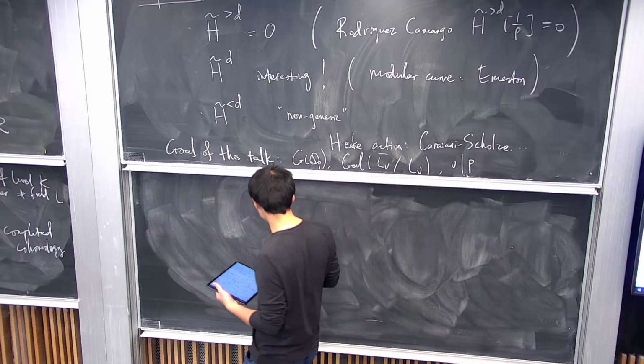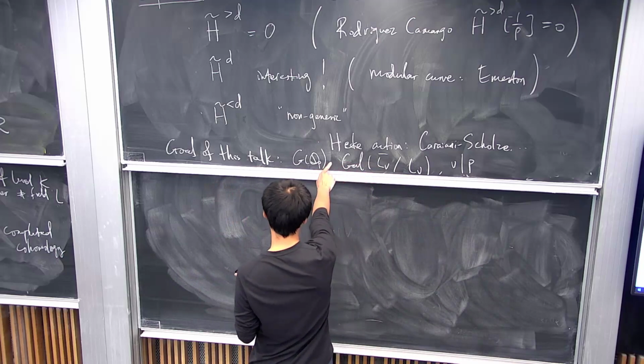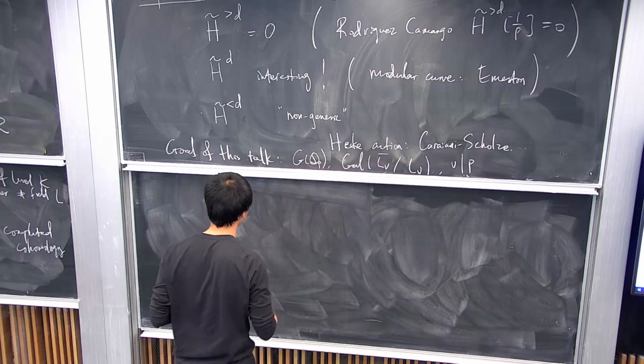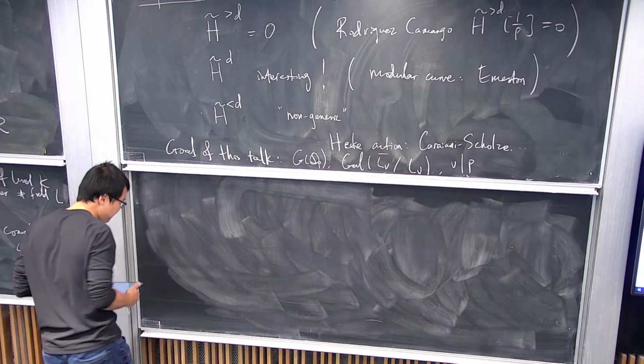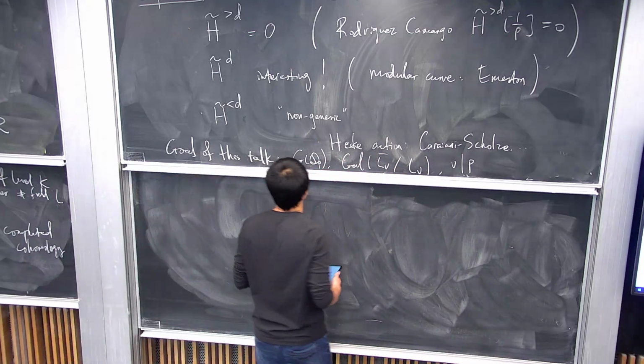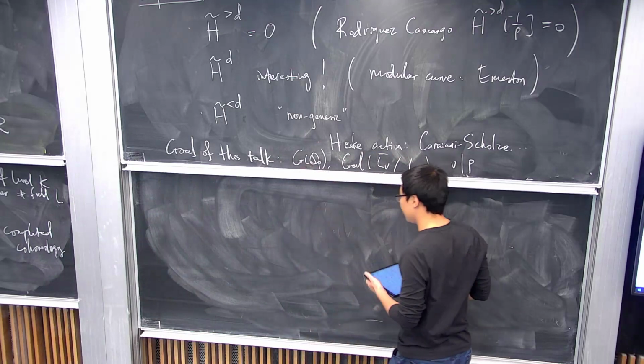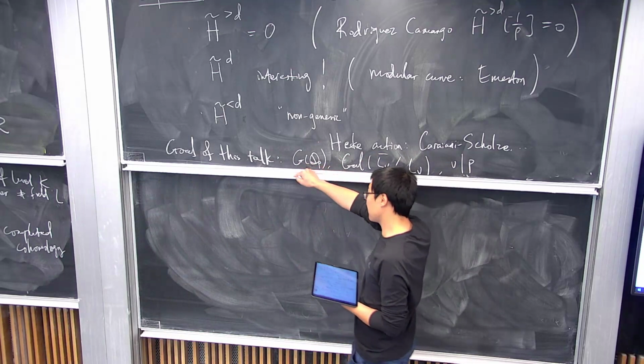Okay. So what do I mean when I say I want these two actions to be non-generic? Well, let me first just focus on this action. In general, it will be non-commutative.